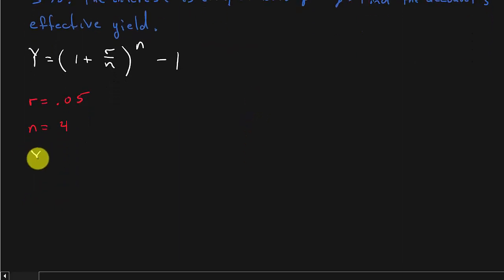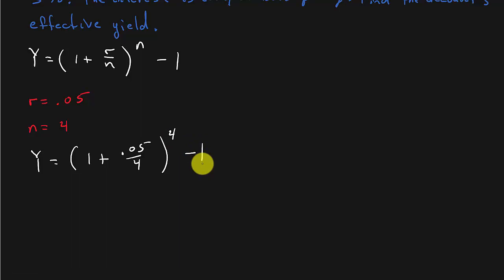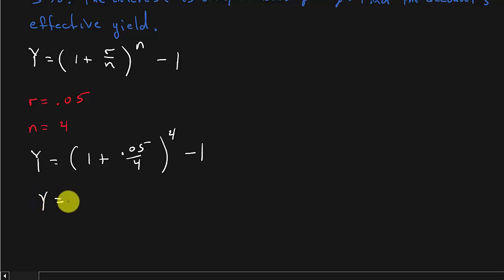And so we get Y is equal to (1 plus 0.05 over 4) raised to the 4, minus 1. Punching that into our calculator, 1 plus 0.05 over 4, raised to the 4th, and then minus 1, that gives us Y equal to 0.05094. I'll round it to 3 decimal places, so that'll round to 0.051.